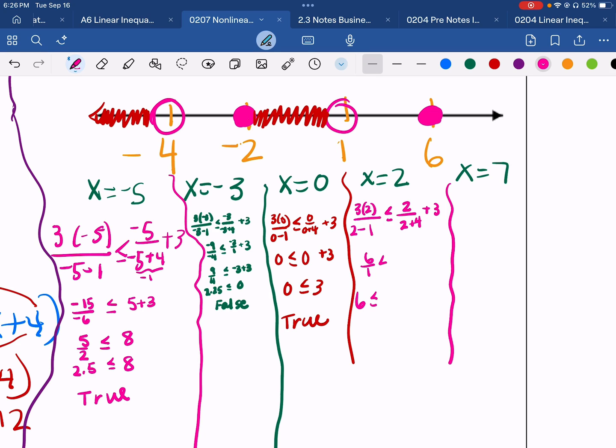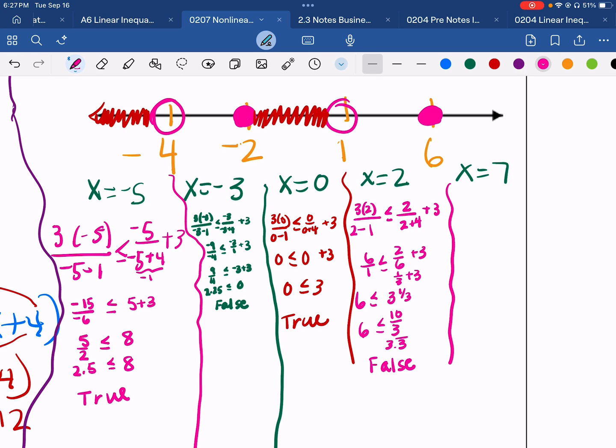Is that less than or equal to 2 over 6 plus 3? That's 3 and 1/3, which is the same thing as 10/3 if you want that, which is 3.3 repeating. Is 6 less than or equal to 3.3? That's false.